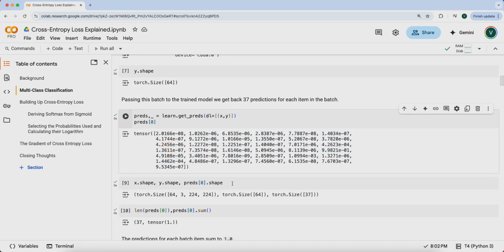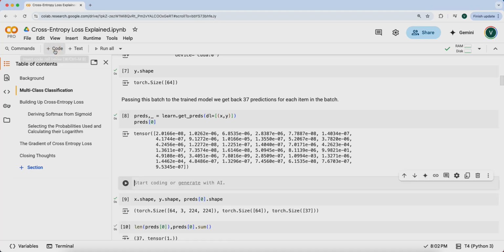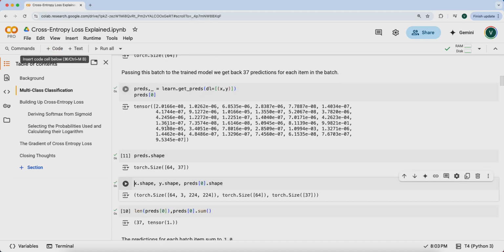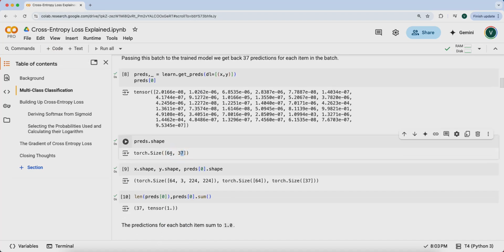If we look at preds.shape, we'll see that it's 64 by 37. So for every one of our 64 images, we have 37 probabilities, one for each class. And the maximum probability is going to be our predicted value.